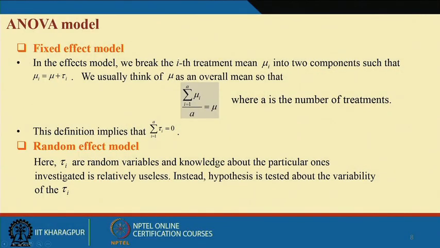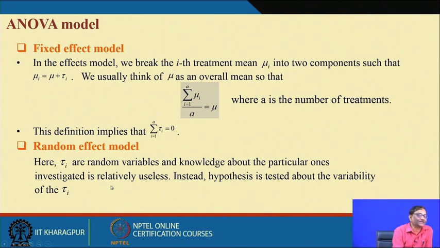Now, come back to the slide. So, in the fixed effect model, we consider that tau i is fixed. And then in the random effect model, you see here tau i are random variables and knowledge about the particular ones investigated is relatively useless. Instead, the hypothesis is tested about the variability of tau i.